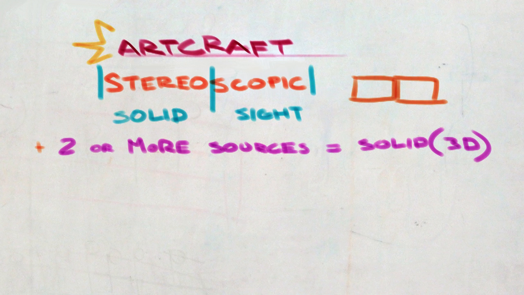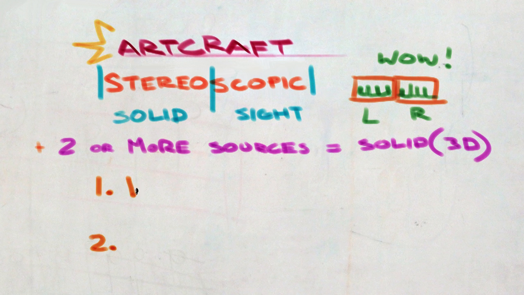So when it comes to visual stuff, that just means that your left eye and your right eye are seeing something different. And by using two or more sources, we get a full solid 3D understanding of what we're looking at, because our brain is really magical like that, and it's good at putting together different images.